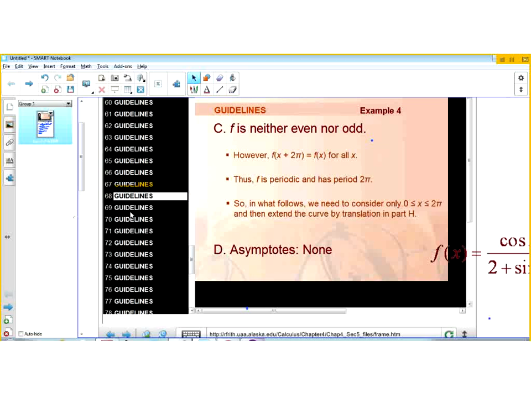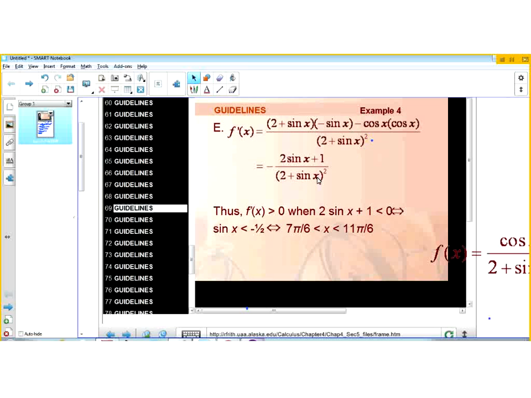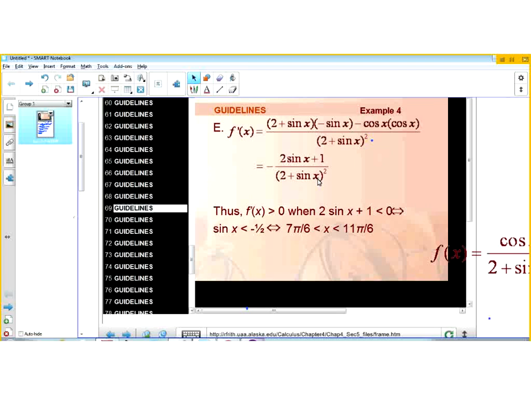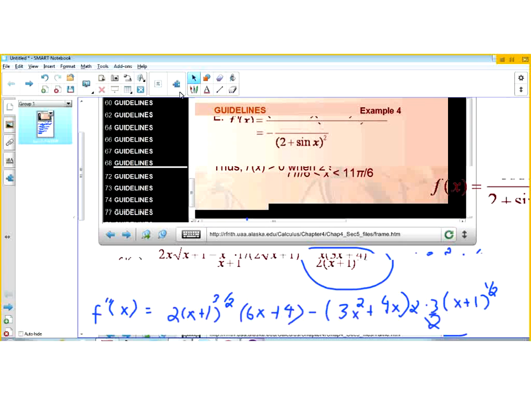Okay, slide 69. The first derivative. So let's go through the exercise of calculating the first derivative, and then assessing whether we have any local minimum or maximum points. All right, so let's do that down below.